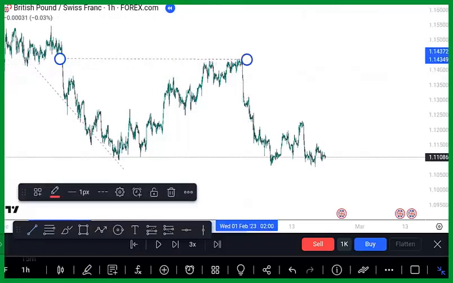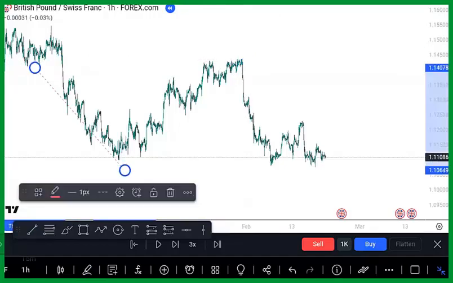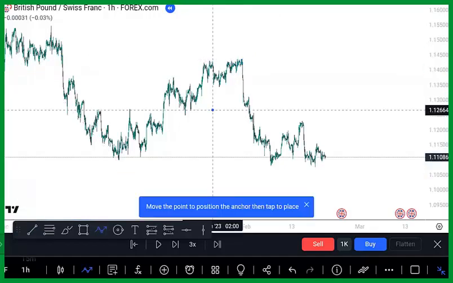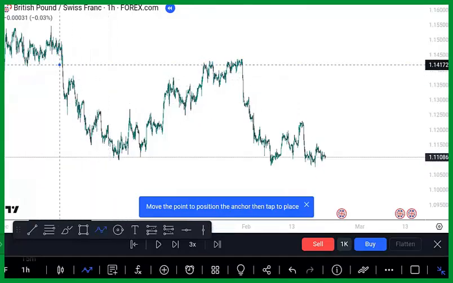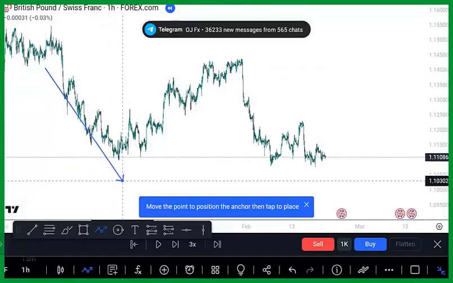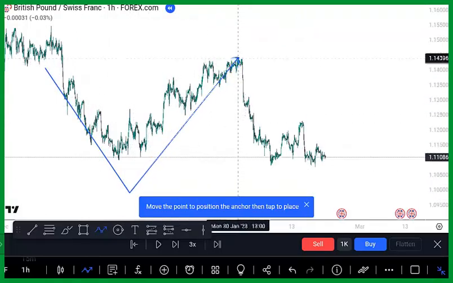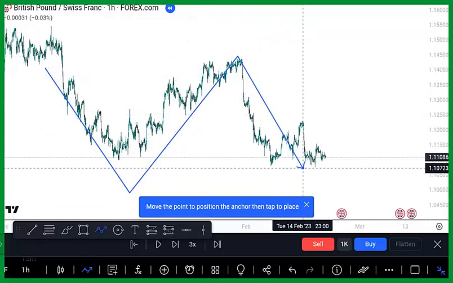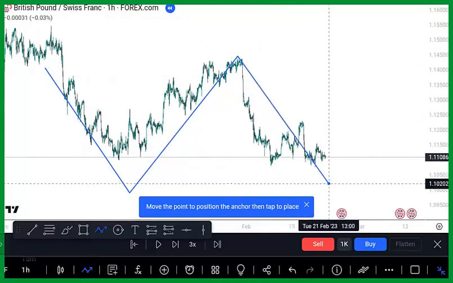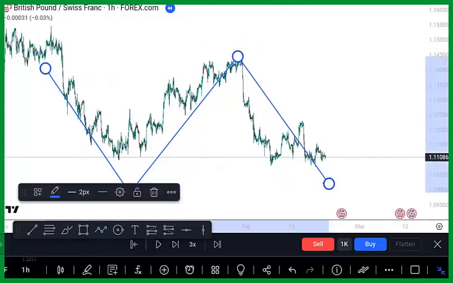Okay, so this works. Push, pull back, push. So bearish, right?